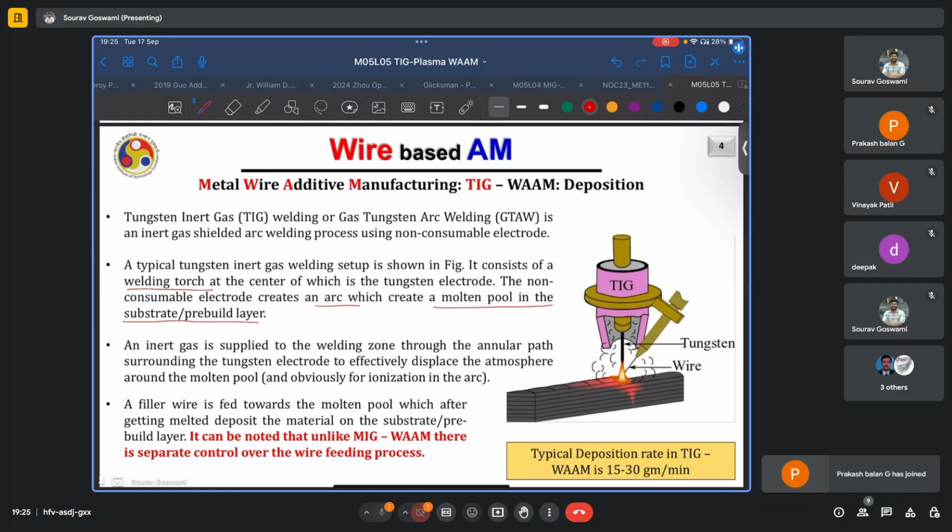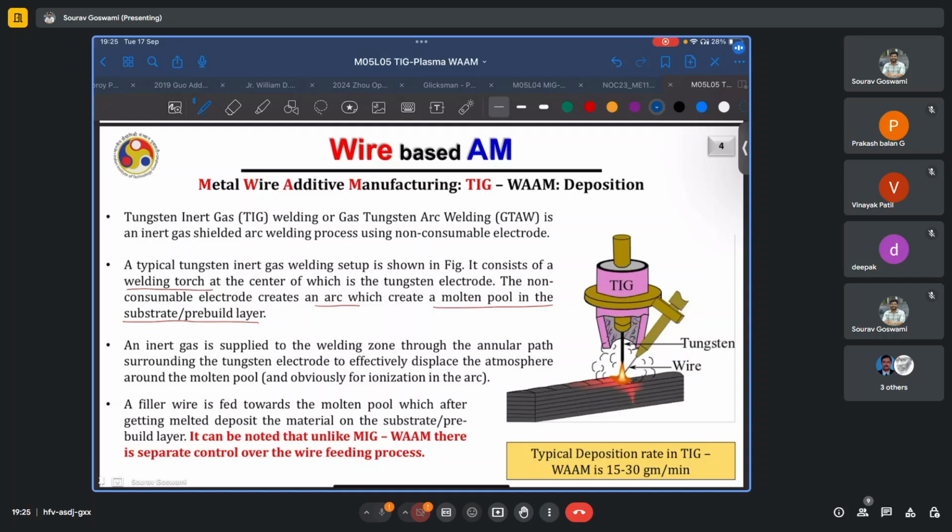Now the inert gas is supplied to the welding zone through this annular path surrounding the tungsten electrode, or this region shown here. I will just highlight it. This annular region shown here. And this also helps in ionization of the arc. The filler wire is fed towards the molten pool, which after getting melted deposits the material on the substrate or pre-built layer.